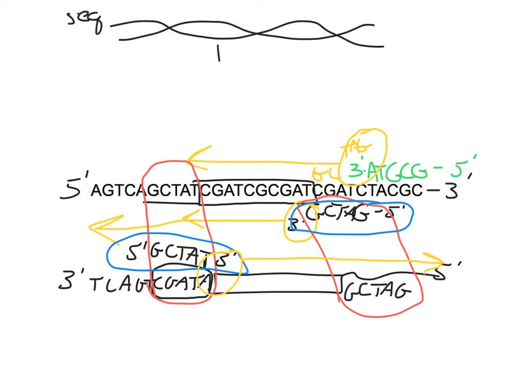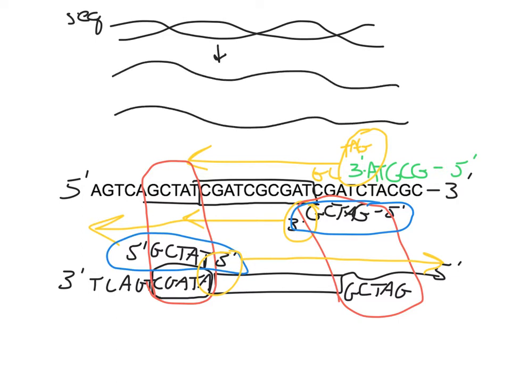So, as we learned with the Meselson and Stahl experiment, when you separate those two, then you get primers annealing. In the case of DNA replication, that's primase that makes RNA primers. But in the case of PCR, those primers are then used to synthesize, let's say, that direction, and that's how you get two double helices, 1, 2, when you started with 1.